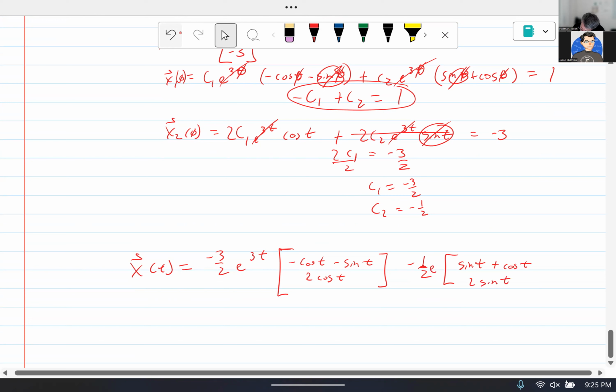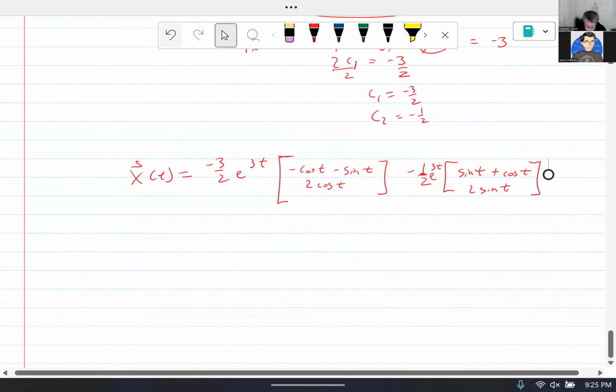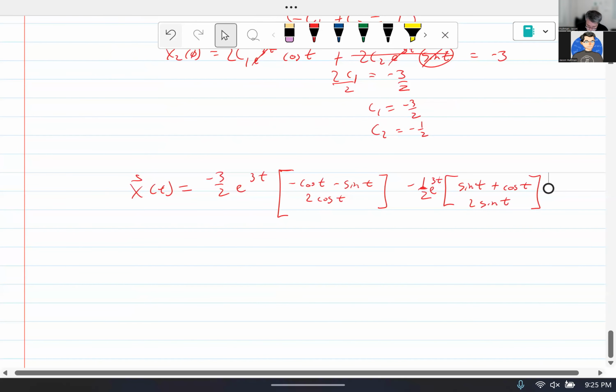Oh, sorry, e to the 3t is there. Again, I could leave this in this form, or I could write out my particular solution in scalar form. So this is vector form. This is my solution vector.